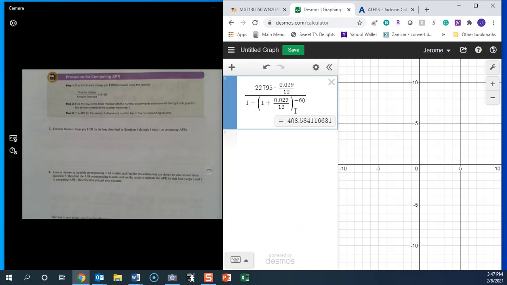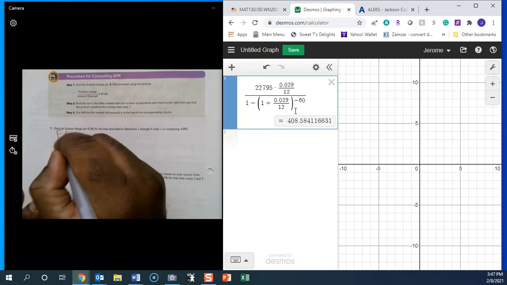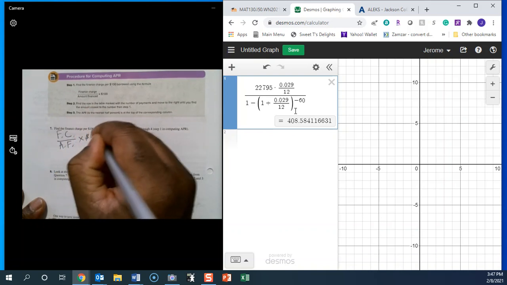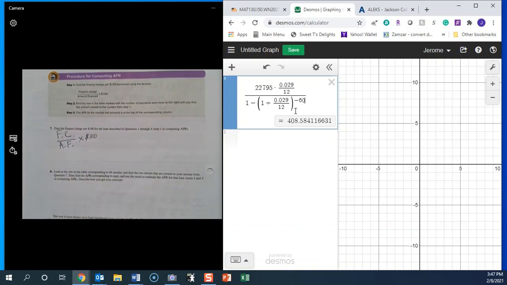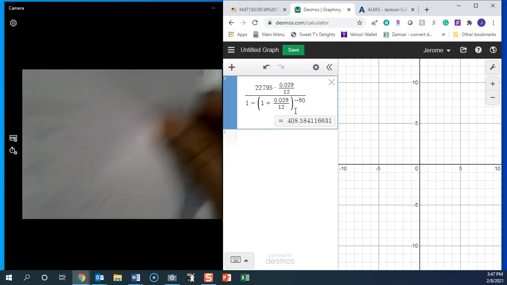Okay, so number 7. It says find the finance charge per $100 for the loan described in questions 1 through 4. Step 1 in computing APR. So we want the finance charge divided by the amount financed, and we'll multiply that by $100. So we found the amount financed back on page 234, problem number 4.